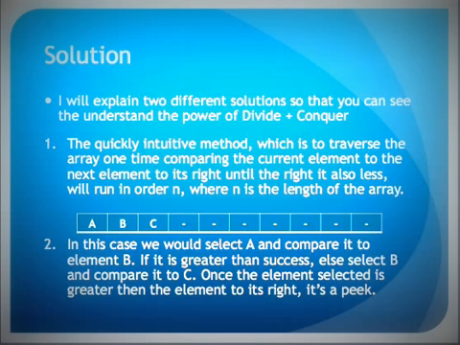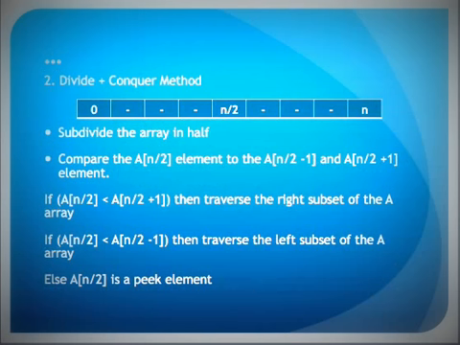So in order to divide, we'll simply take the middle element, which would be n over 2, where n is the number of elements in the array. Once you subdivide it, you have the n divided by 2 element.